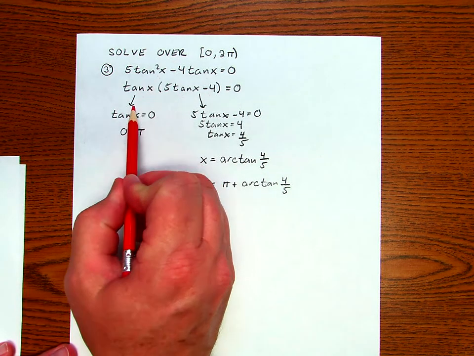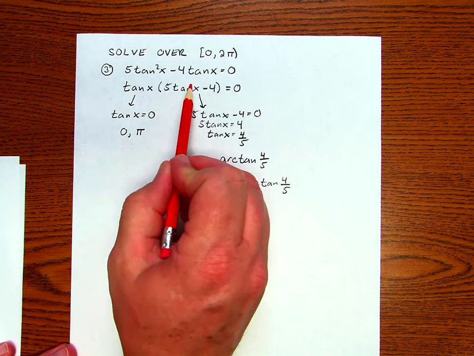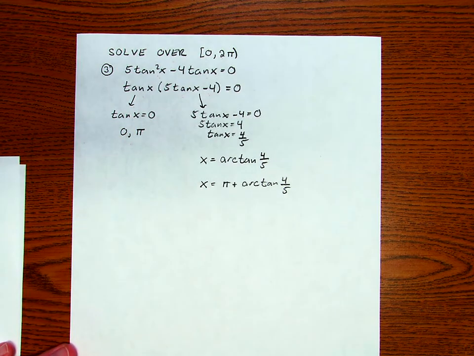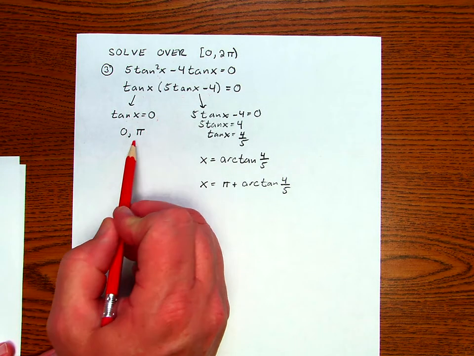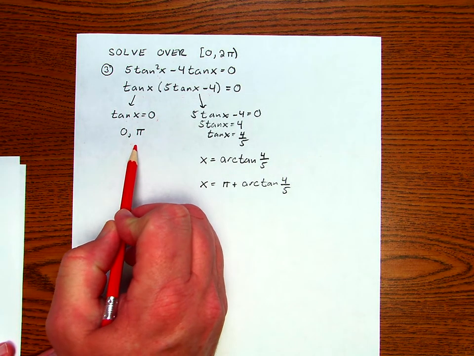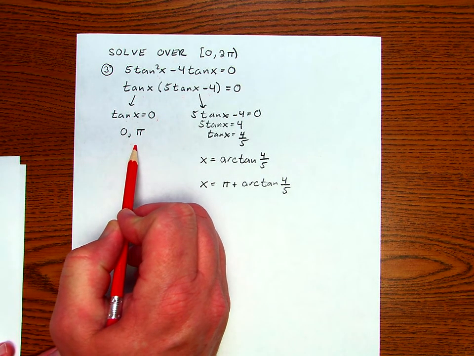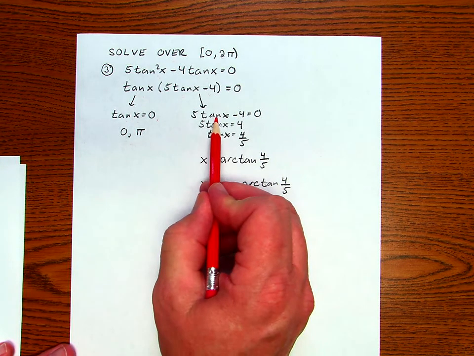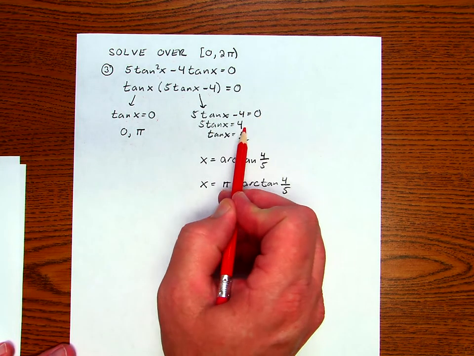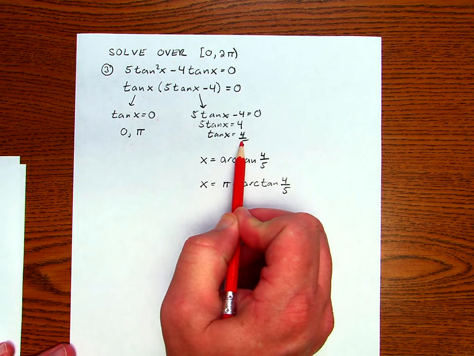Set that equal to 0, solve what's there. Set that equal to 0, solve what's there. Okay, the tangent of what angle is 0? Those can be extracted right from the unit circle. Your two solutions are 0 and pi. To solve this, that minus 4 has to come over, divide by the 5.